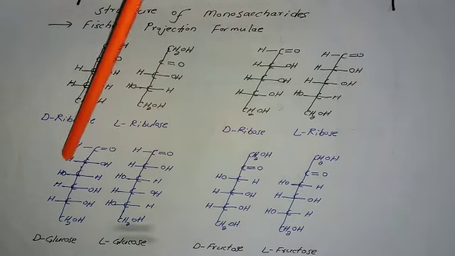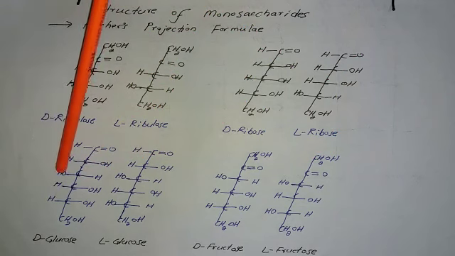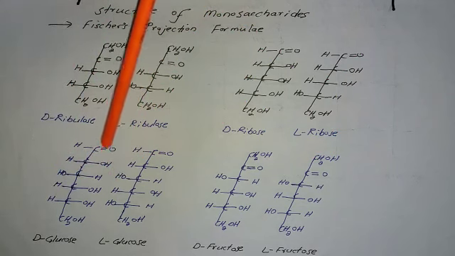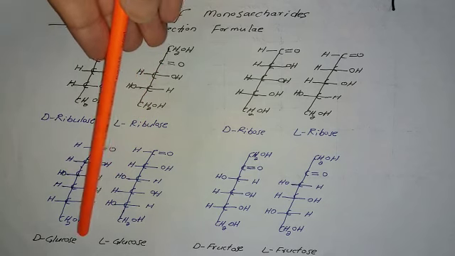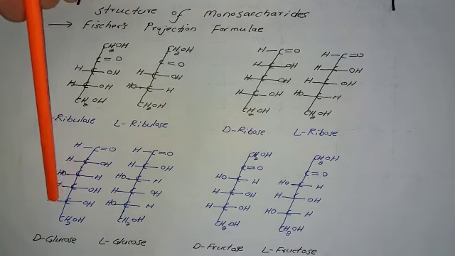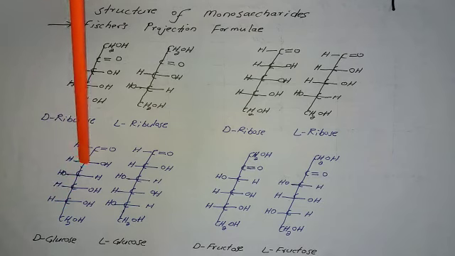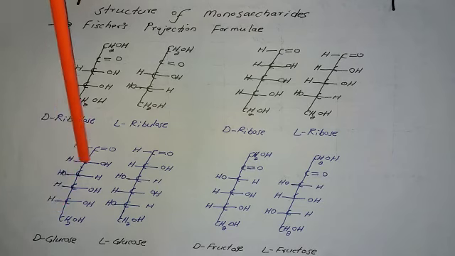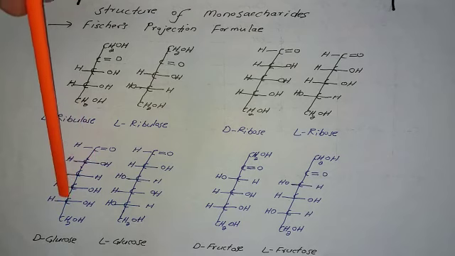Hexoses. In hexoses, the example is glucose. Glucose is found in two different isomeric forms, D-glucose and L-glucose, with respect to this farthest asymmetric carbon. In glucose, there are 4 asymmetric carbon atoms: carbon number 2, 3, 4, 5.